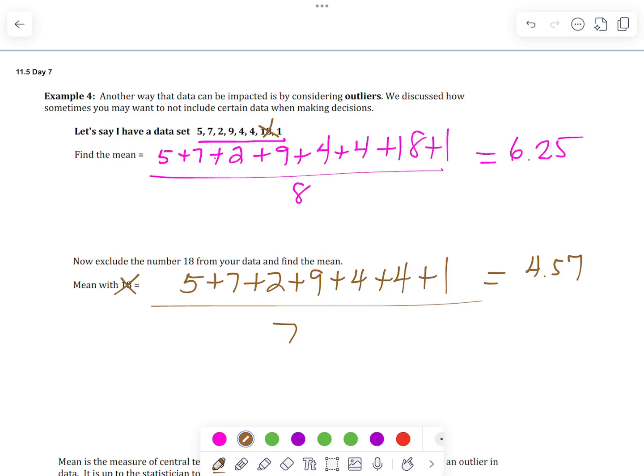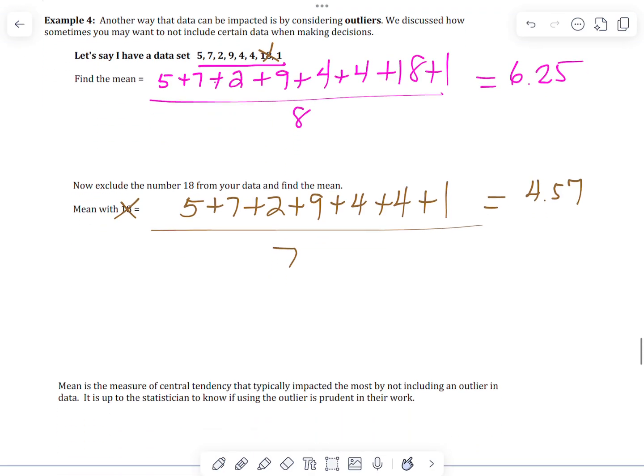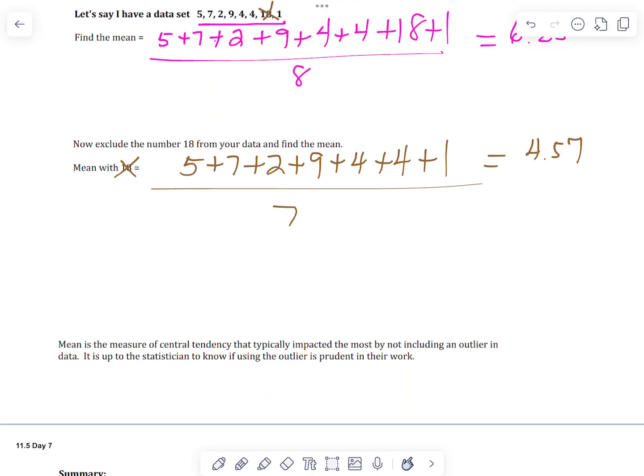So quite a difference of having that 18 in there as an outlier and how it affects the mean. Mean is the measure of central tendency that is typically impacted the most by including an outlier. So sometimes statisticians will try to leave that outlier in to make it look misleading.